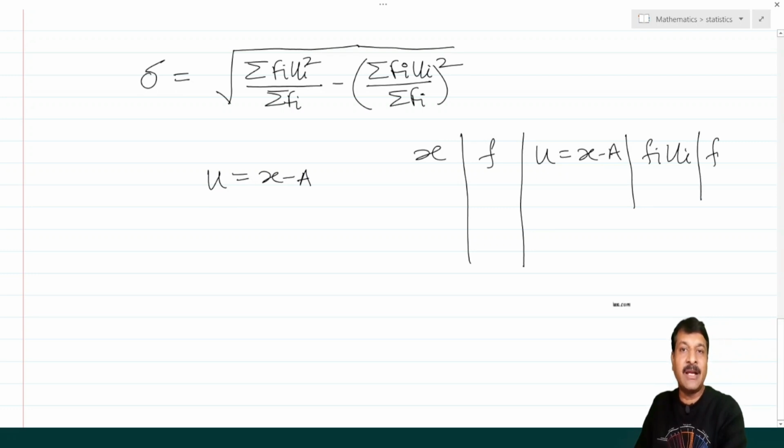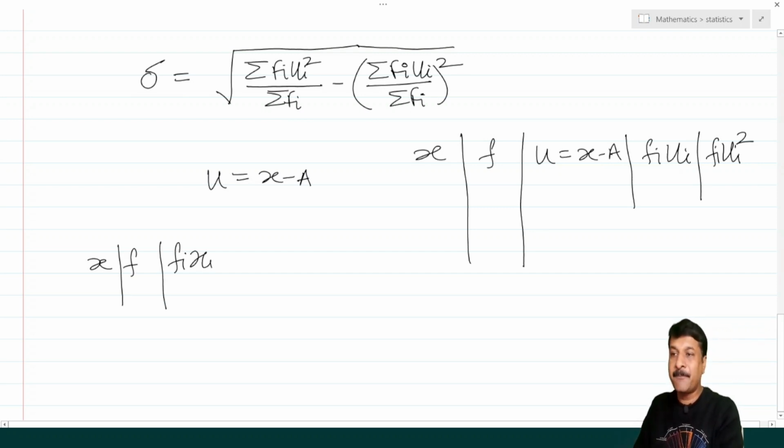Then fi ui square, like that we are taking here. But you remember the similar problem, the same problem, one may solve by only x instead of u. For example, x, then f frequency, then what we require? fi xi square, like that.